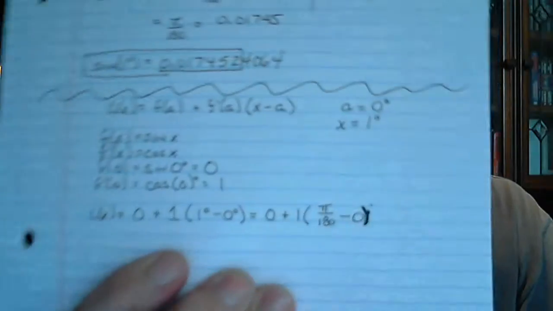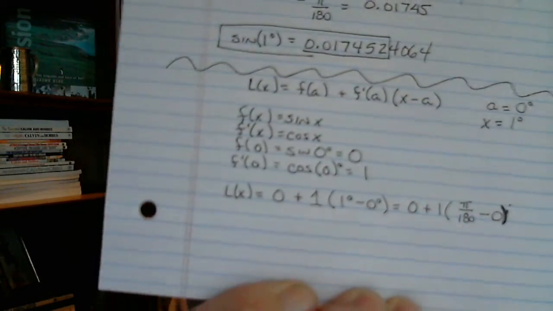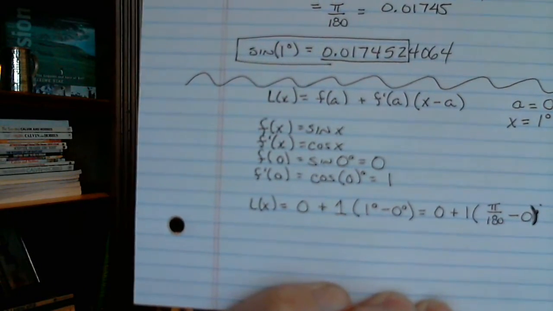That turns out to be 1 degree minus 0 degrees. And I'm going to just on the fly here convert that into radians. So that's 0 plus 1 times 1 degree is pi over 180 minus 0 degrees, which in radians is just 0. So this is our linear approximation formula.